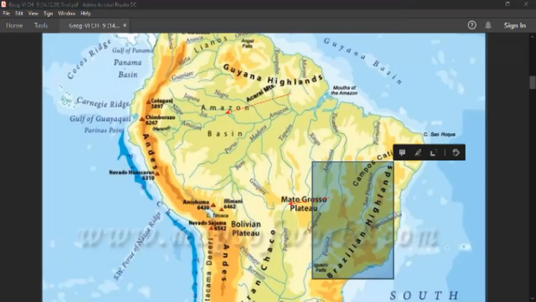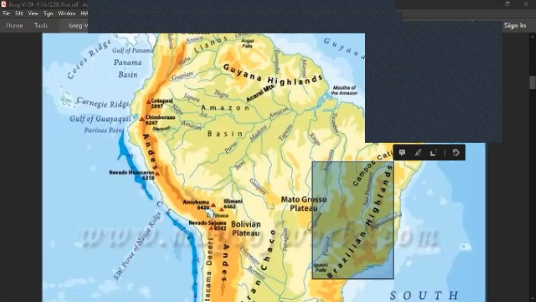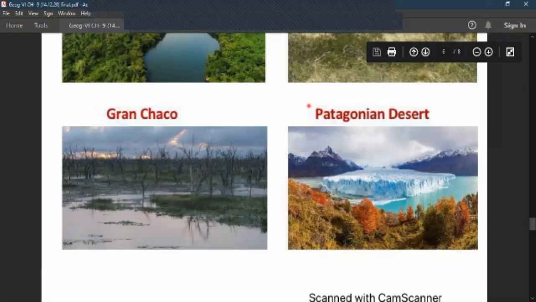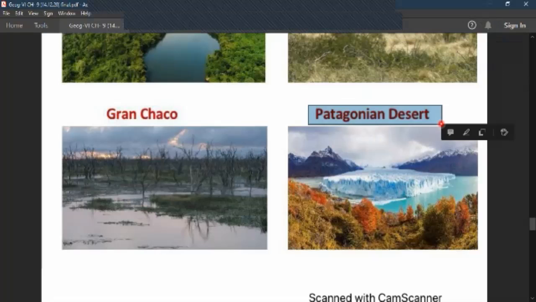In the region between 40 degrees south and 50 degrees south in Argentina lies a cold desert called the Patagonian Desert. Here you can see the picture of the Patagonian Desert.